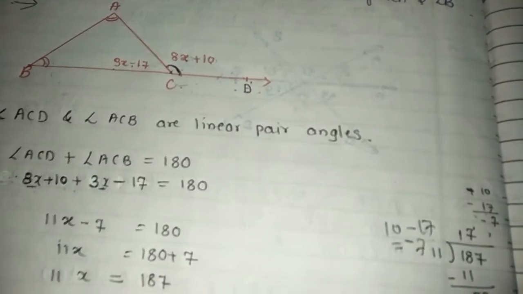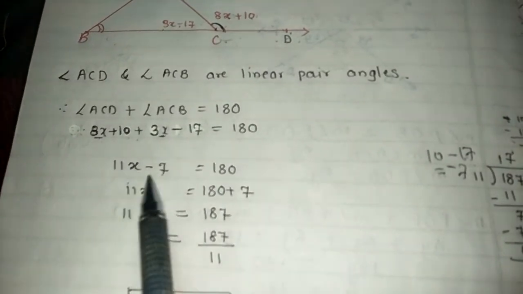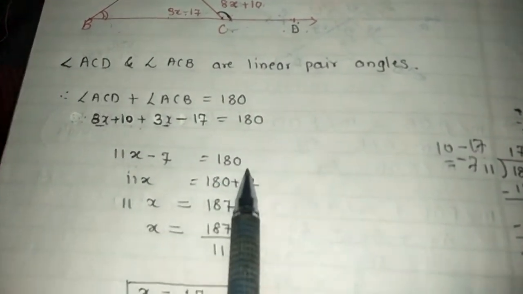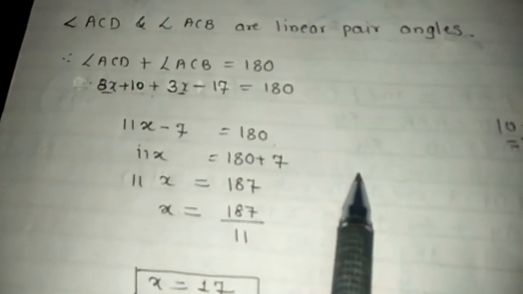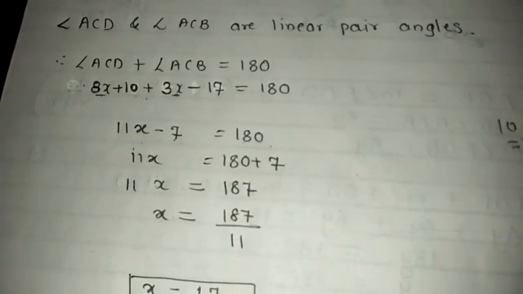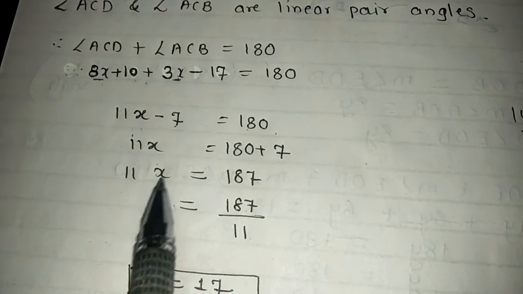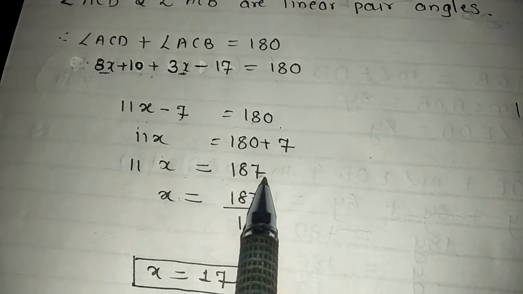So the answer is minus 7. Therefore 11x minus 7 equals 180. We keep 11x as it is and shift all the numbers to one side. So minus 7 becomes plus 7 on this side. 11x equals 180 plus 7, which is 187.